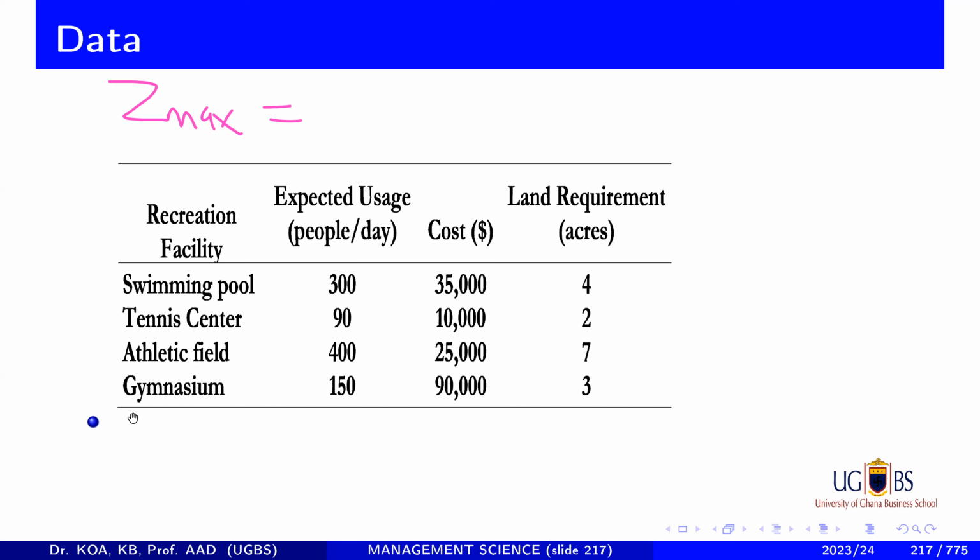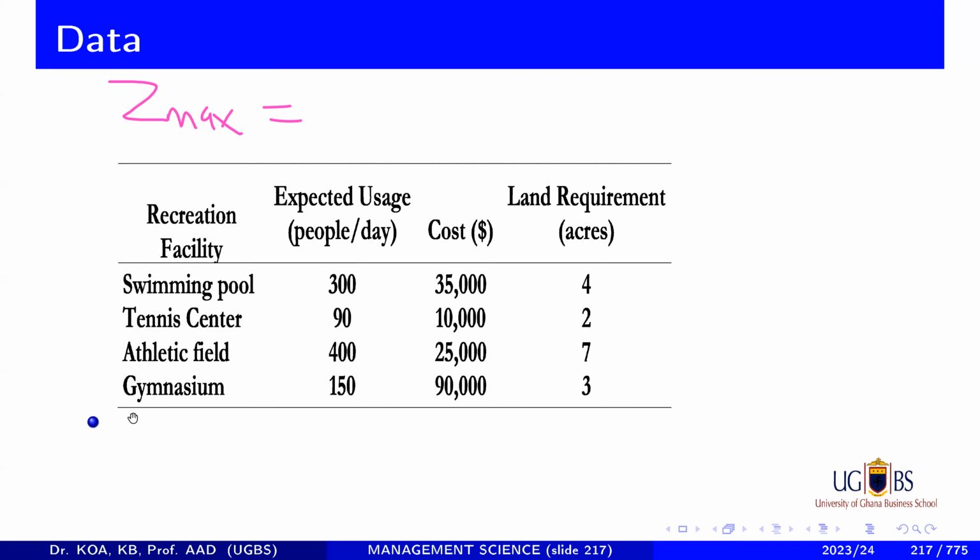Before I come to the Z-max, Nathaniel: You are going to use the cost column. Okay. So give me the first one for the X1 variable. The first one will be 35,000 X1. Okay. I wanted to be sure that's what you meant. No, that's wrong.